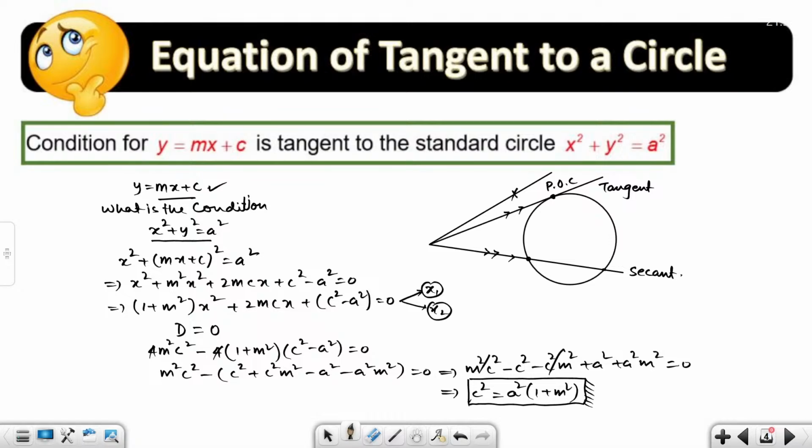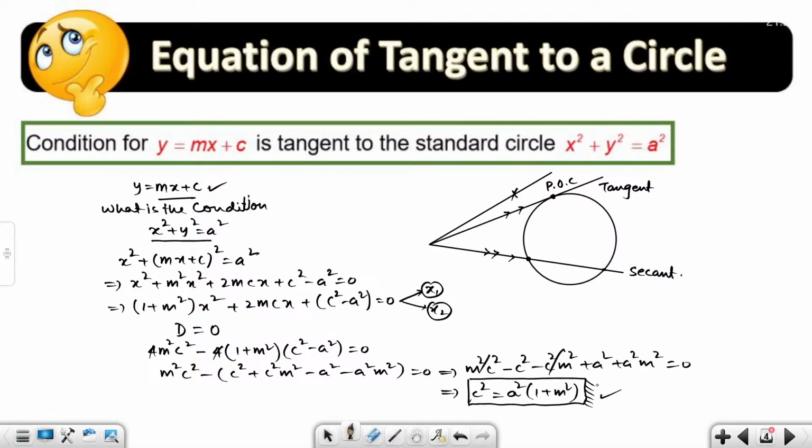In that case, you will simply put the discriminant equals to 0 to find out the condition. So now we got that for a standard form x square plus y square equals to a square, y equals to mx plus c will be a tangent when c square equals to a square into 1 plus m square. That's it. We have to remember this, as well as the method how I got this one.